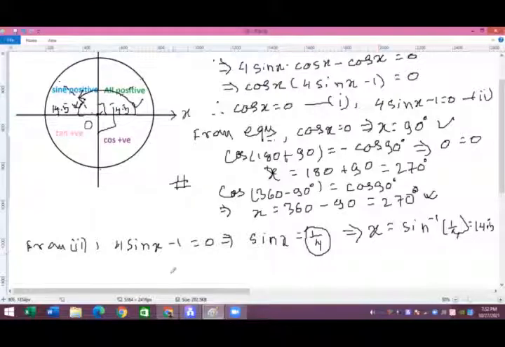So another possible value of x is 180 minus 14.5. Calculating this, that angle is 165.5. If you want, you can check it on the calculator to see whether sine of 165.5 degrees is 1 by 4, that is 0.25.